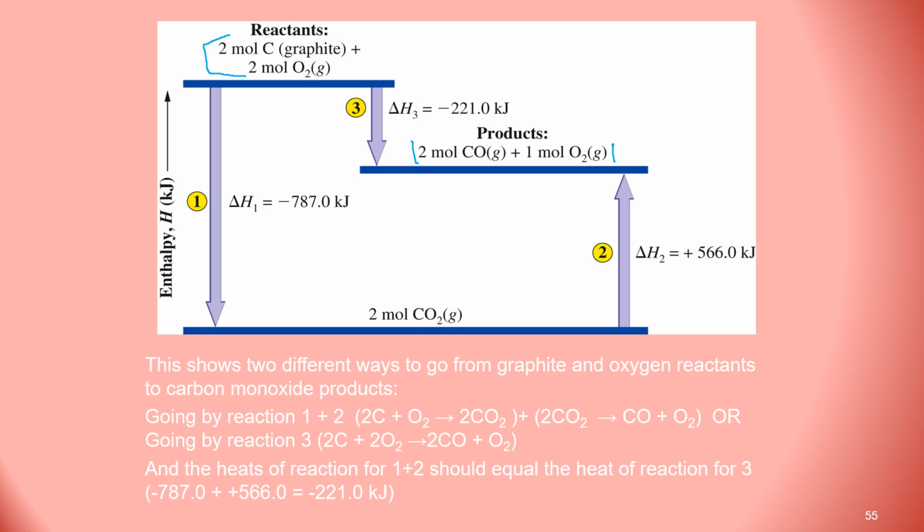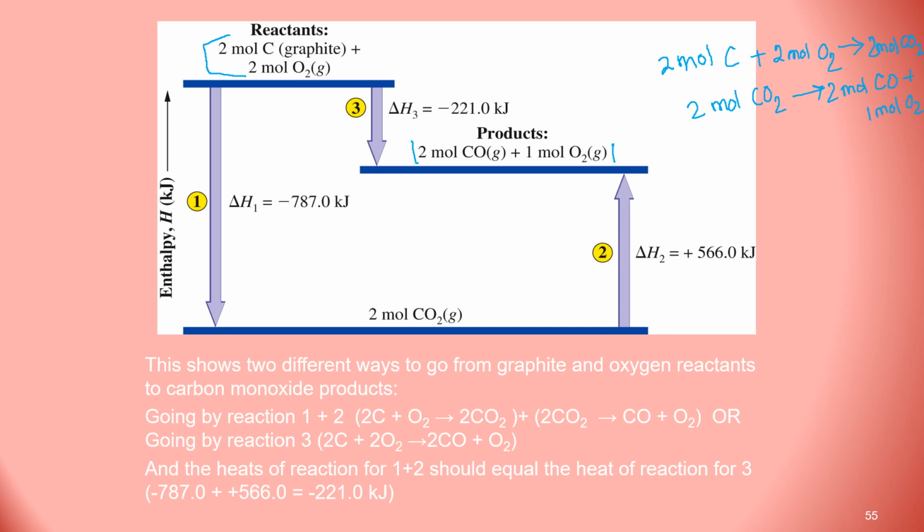Let me write it up here. 2 moles of carbon plus 2 moles of oxygen, and the first step goes to 2 moles of CO2. Then the second step, 2 moles of CO2, gives me 2 moles of CO plus 1 mole of O2.